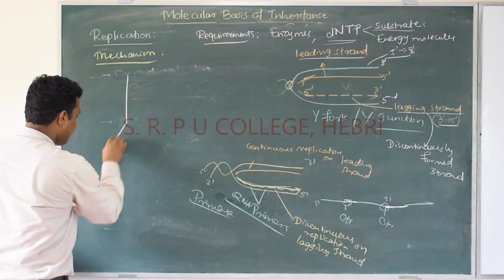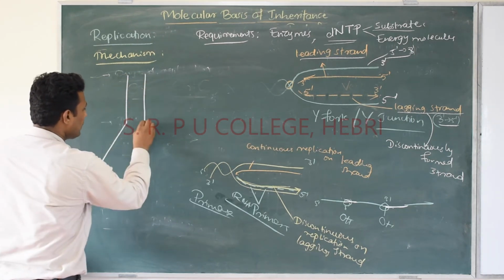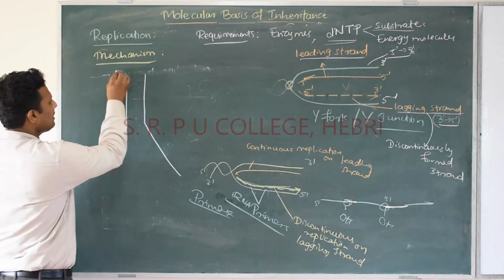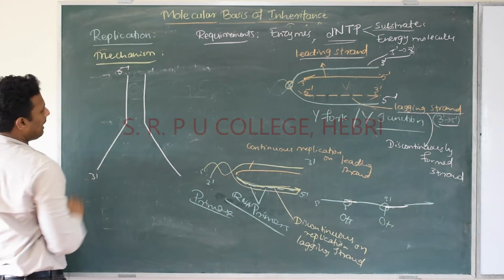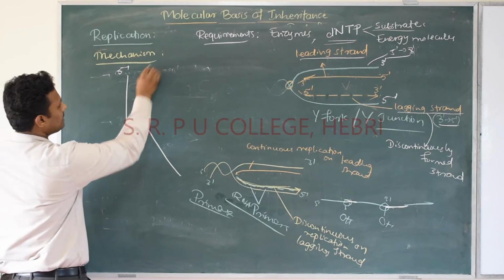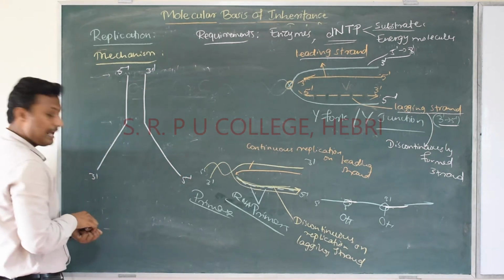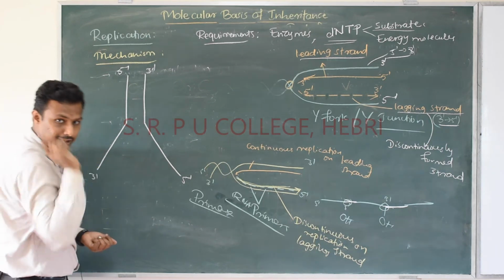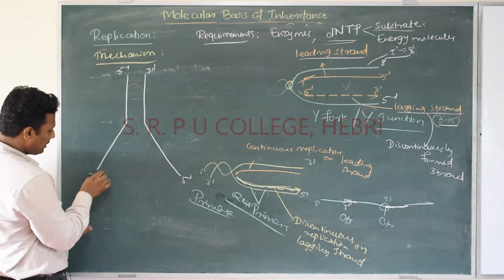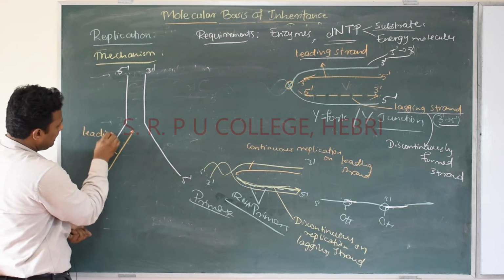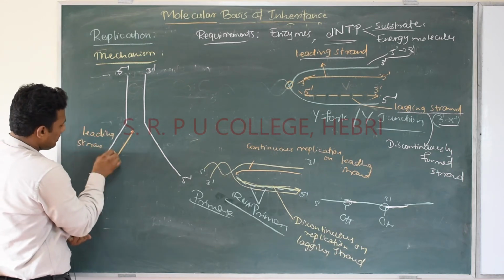See here, this is the Y fork that is formed because of the unwinding of the DNA helix. This is 5 prime and 3 prime end, so anti-parallel. This is 3 prime, this is 5 prime. Yes, so you know DNA has to be formed only in one direction, that is 5 prime to 3 prime. Now this will become the leading strand, right?